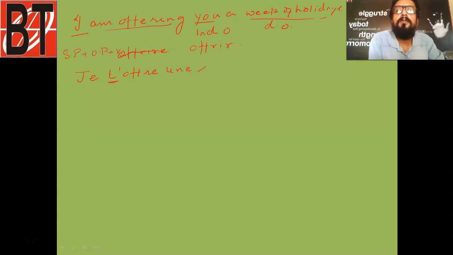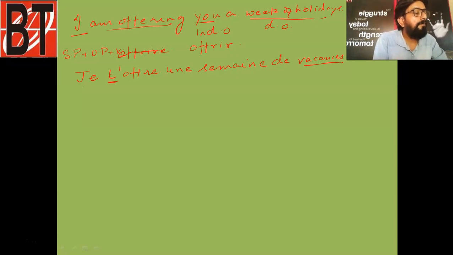Une semaine. Why une? Because semaine, week, is feminine. Une semaine de vacances, holiday. So you understand how I am using the indirect object pronoun.